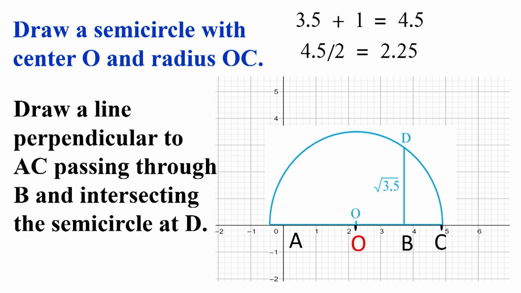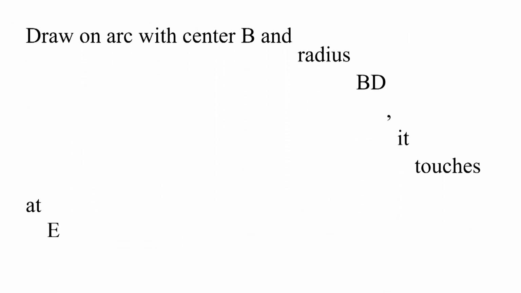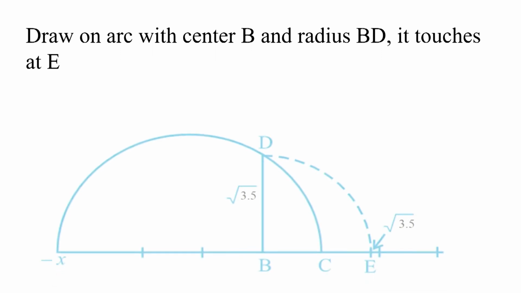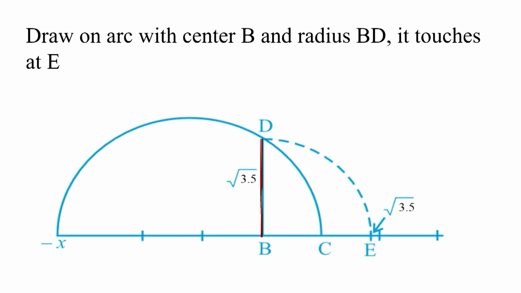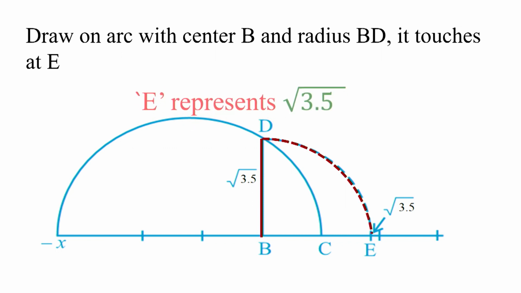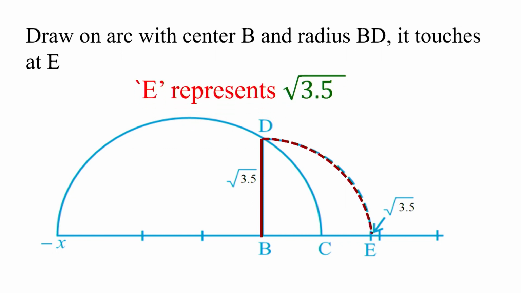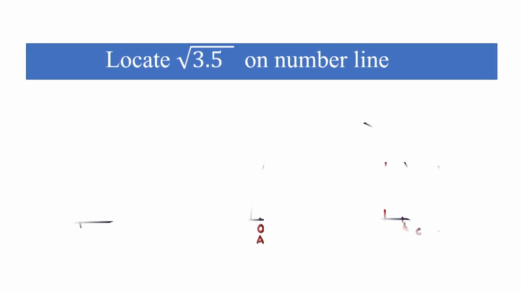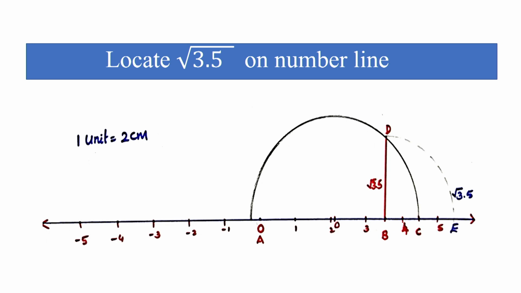Draw a line perpendicular to AC through B intersecting the semicircle at D. Then BD represents root 3.5, my dear students. Draw an arc with the center B and the radius BD, it touches E. Here E represents root 3.5, my dear students. So, if you construct, you will get a picture like this, my dear students.